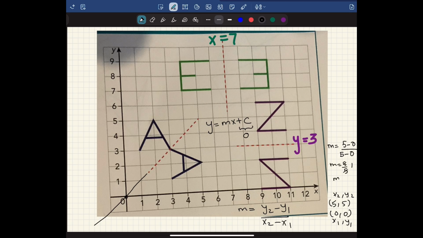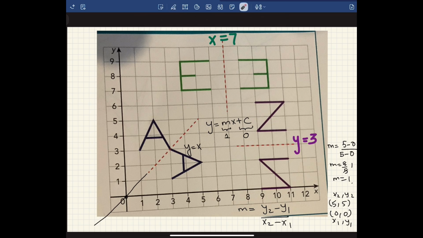So the gradient of this line is 1. So y equals mx plus c, where m is 1, c is 0. So the line becomes y equals x. Okay, so that is how you find the equations of the line of reflection.